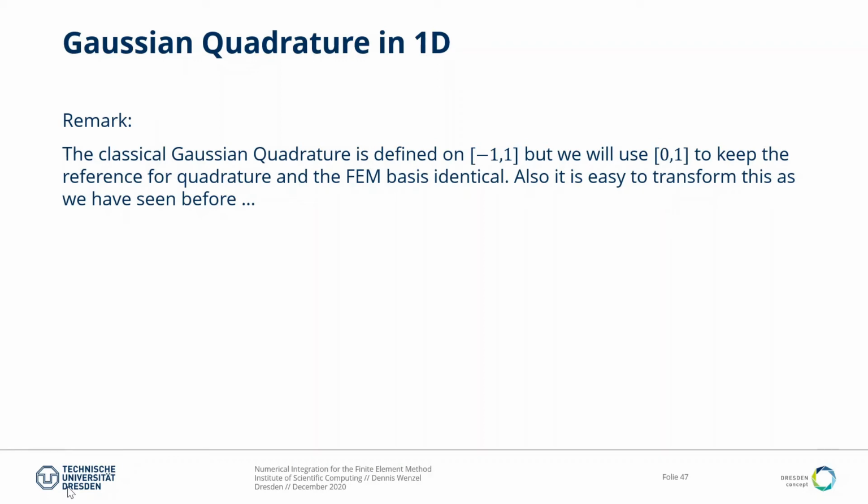The reference for the quadrature is supposed to be the same as we use for the FEM, and that's why I won't put the -1 values in here. Also, it's super simple to transform quadrature rules between different intervals, so that's not a big deal. If you look at textbooks or other pages about classical Gaussian quadrature, you will usually find them defined on the interval -1, 1, and that's no problem. You can just transform it.